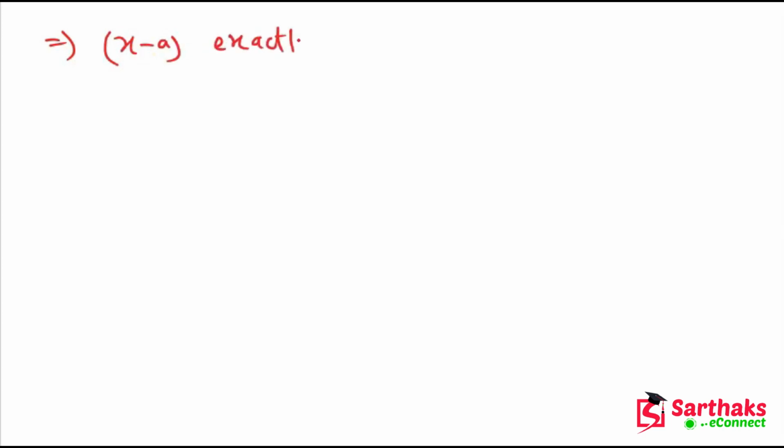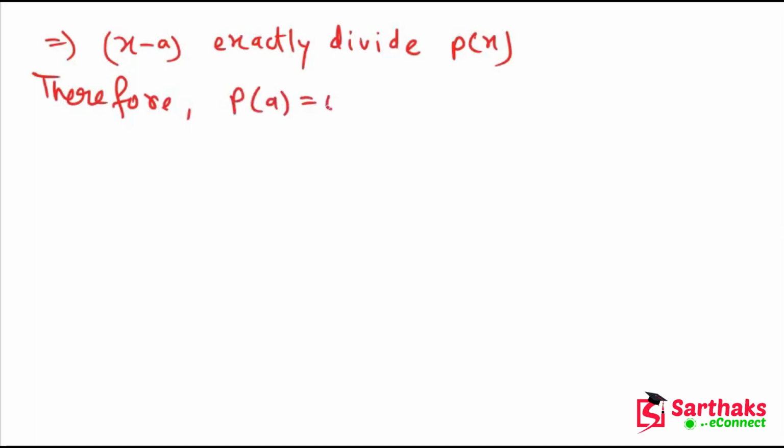So x minus a exactly divides P of x. Therefore we can say that P of a is equal to 0. I hope my dear friends you understand these things.